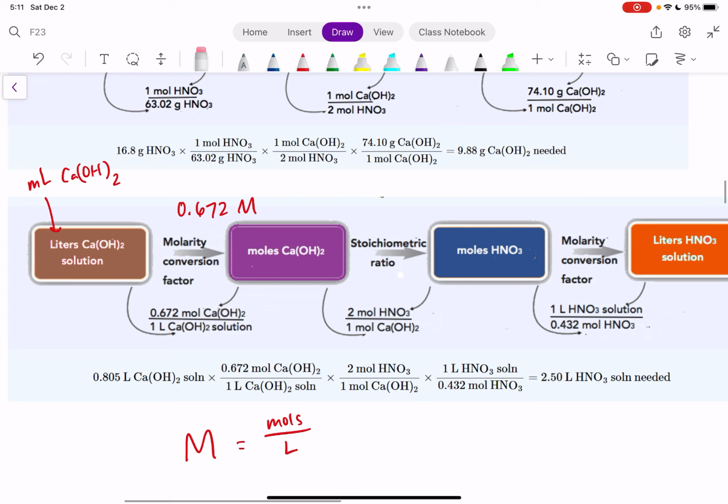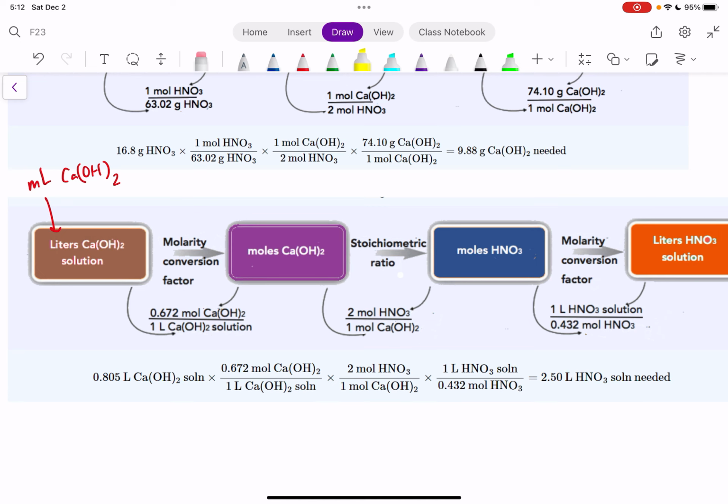I'd urge you to rewrite that molarity as moles over liters, and that's going to help you draw this conversion factor, where we've got 0.672 moles on the top and 1 liter on the bottom. Remember, moles per liter, like miles per hour: 1 liter goes on the bottom, and the molarity stays with the moles. We were given all of this information, so we're just using what we have in our tool belt.